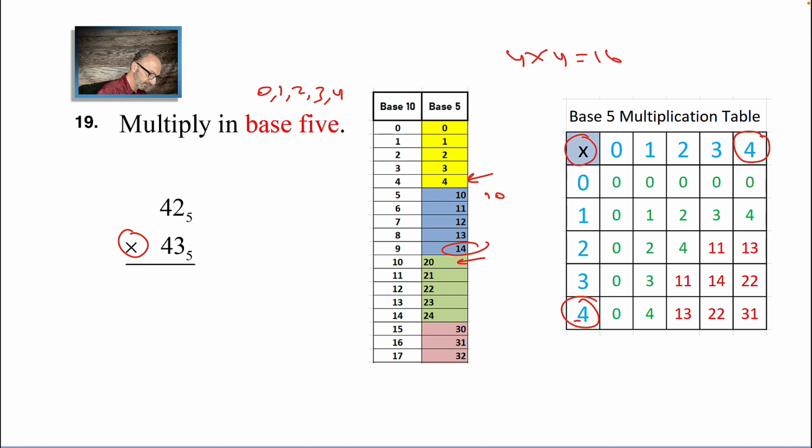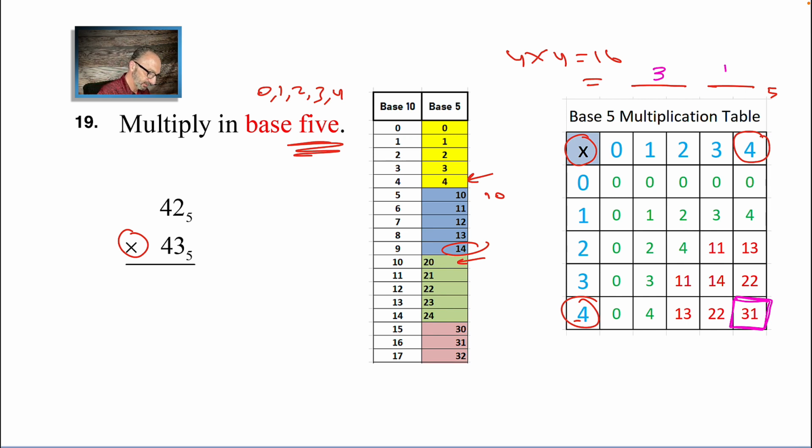But 16 in base 5 is actually 3 5s and 1 unit. It looks like 31 to us, but it's 3 5s and 1 unit.